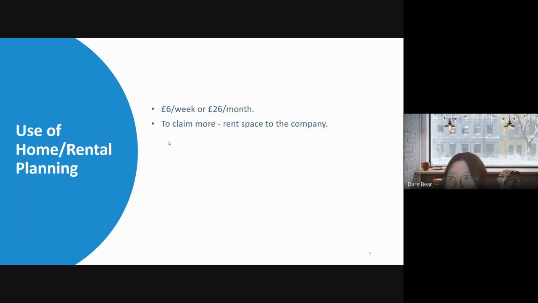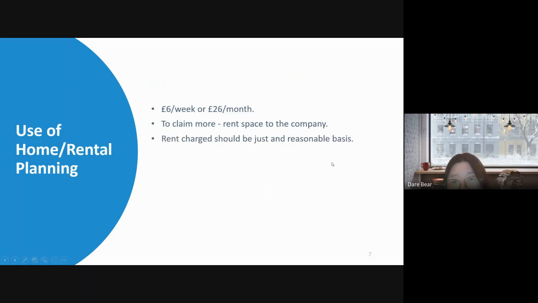You cannot claim the council tax. You cannot claim back the water usage. But the story is different if you rent your home to a company to use as an office or working place, because all the expenses, as I mentioned above, you could include in the contract.